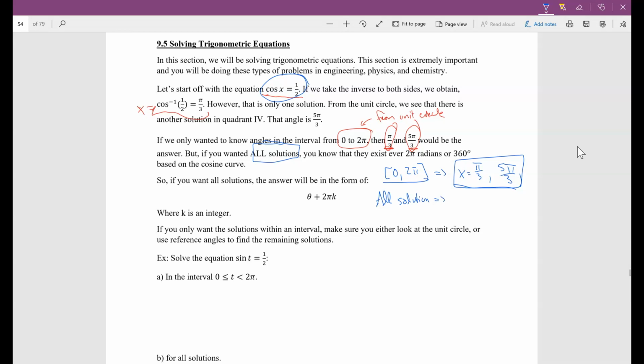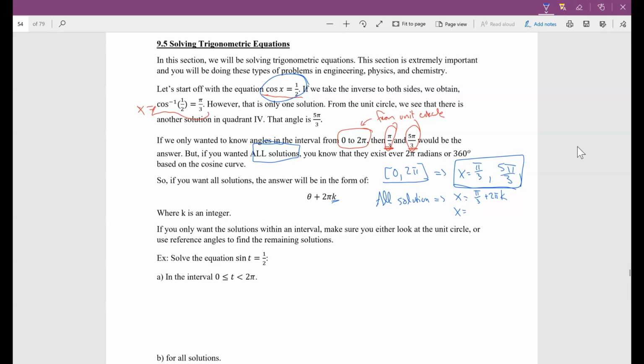then what you have to do is take the two solutions that you got, pi over 3, and add 2 pi to it, because adding 2 pi to an angle gives me a coterminal angle. But now I'm going to put this k there. Remember that this k can be any number.